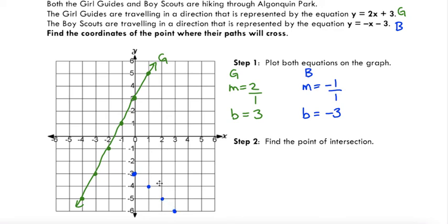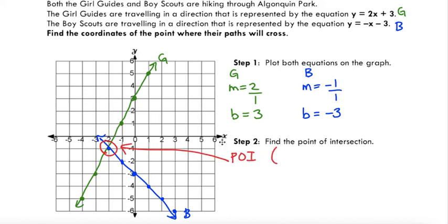I don't have a point of intersection yet, so I'm going to go backwards. So up 1 to the left 1, and again follow that path until I find that point of intersection. Connect those points using a straight line and label this B for Boy Scouts, so I can identify my point of intersection from my graph.